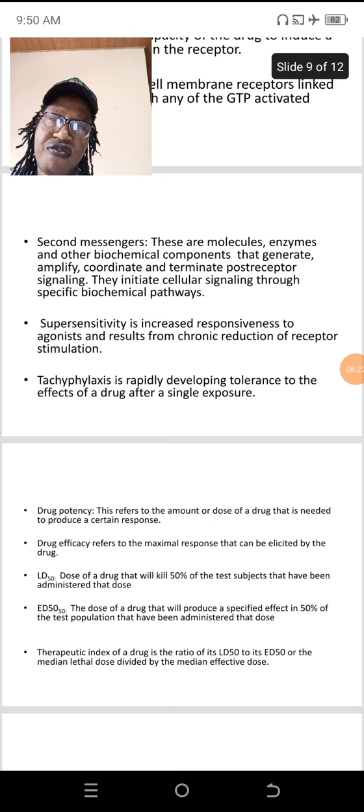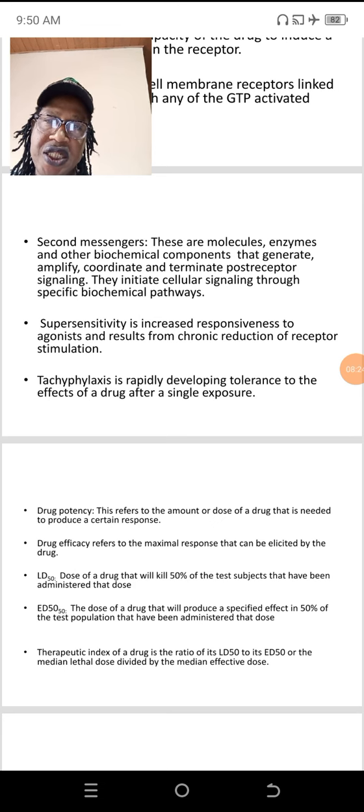Drug potency refers to the amount or dose of a drug that is needed to produce a certain response. Efficacy, on the other hand, refers to the maximal response that can be elicited by the drug. LD50, lethal dose 50, is the dose of a drug that is required to kill 50% of the test subjects that have been administered that dose, and is a measure for expressing and comparing the toxicity of drugs and chemicals.